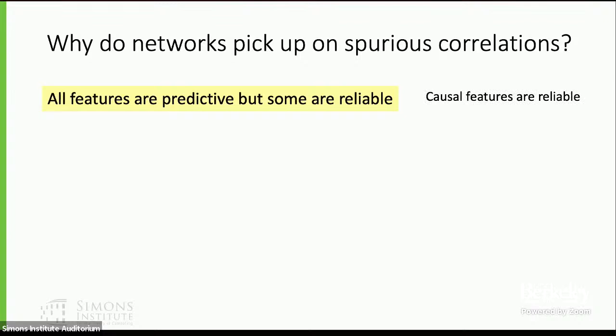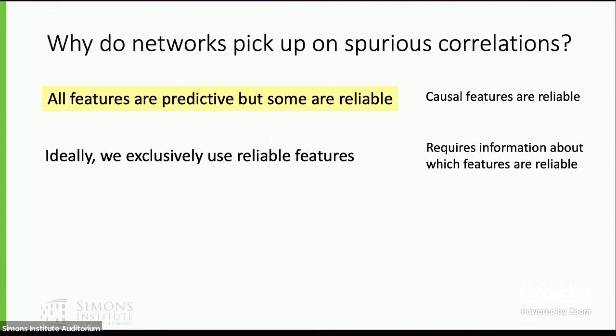For example, if you have only causal features in your data set, that's great, everything's going to be reliable, you can just use it. But that's not going to be the case if you don't think about the features and just give it to a model. Ideally we want to only use reliable features, but this requires information about which features are reliable.